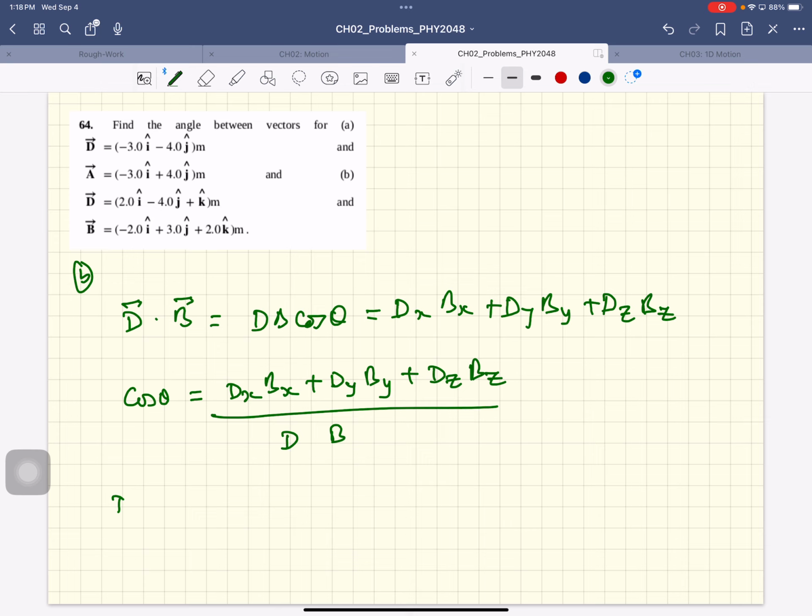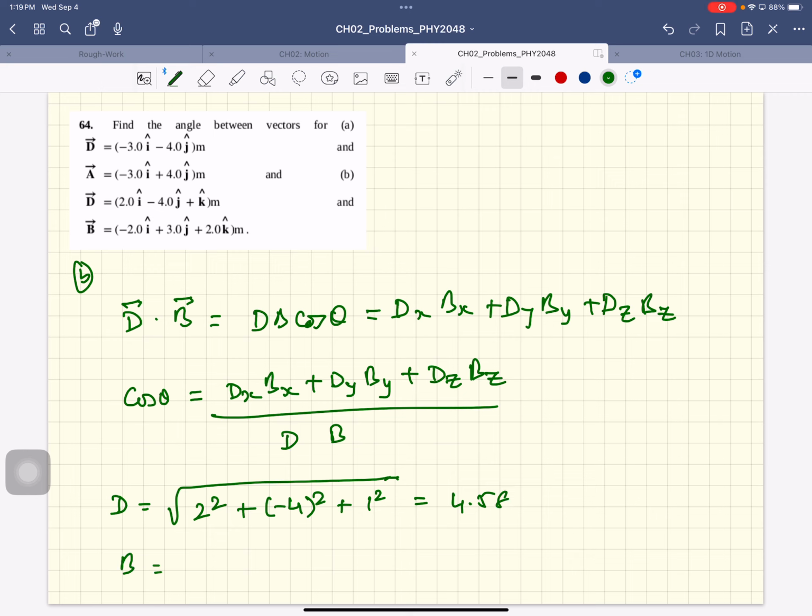All right, so D is the square root of 2 squared plus minus 4 squared plus 1 squared. Okay, that's the square root of 21.